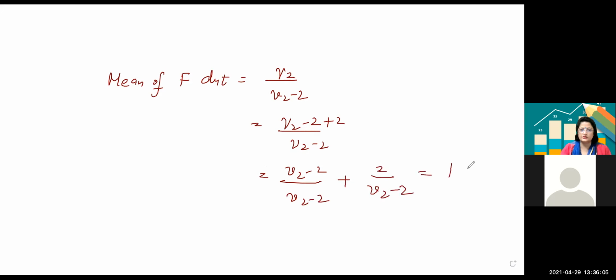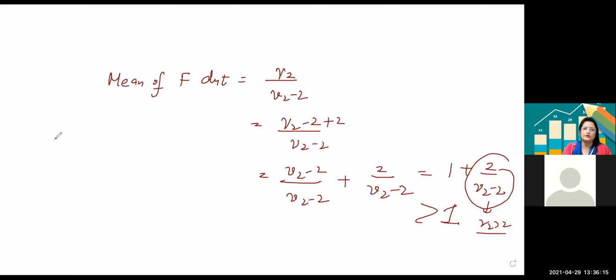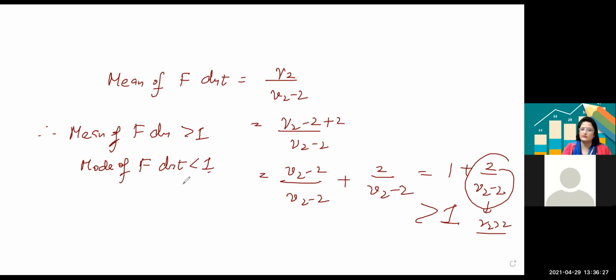Right? This is equal to 1 plus 2 upon V2 minus 2. 1 में कुछ add हो रहा है positive, with respect to the condition क्या है, V2 तो पहले ही 2 से बड़ा है, it implies the whole quantity is greater than 1. Therefore mean of F distribution is greater than 1 and mod of F distribution is less than 1.